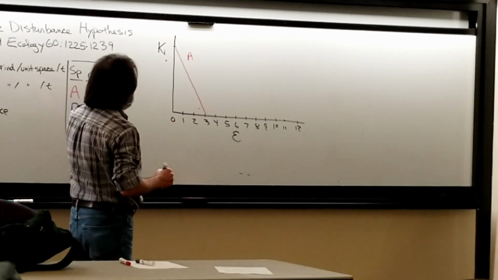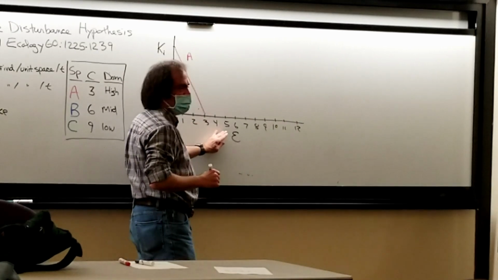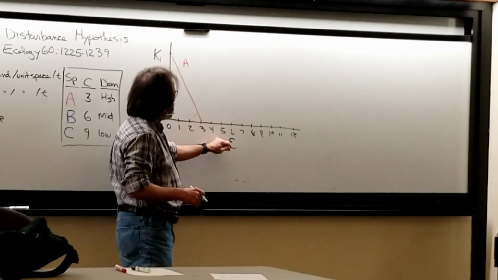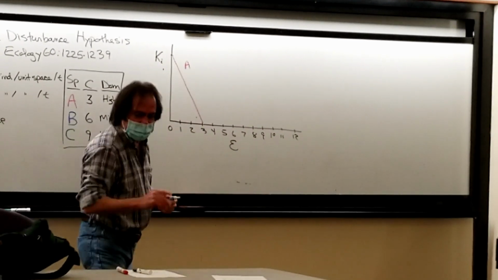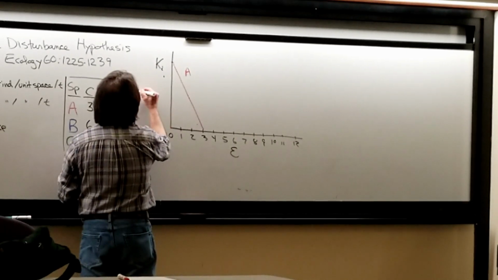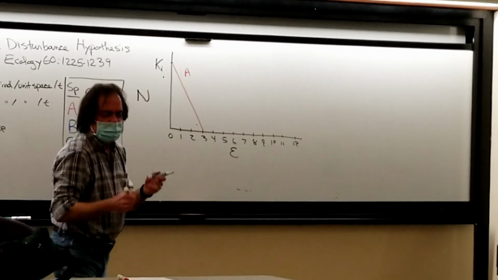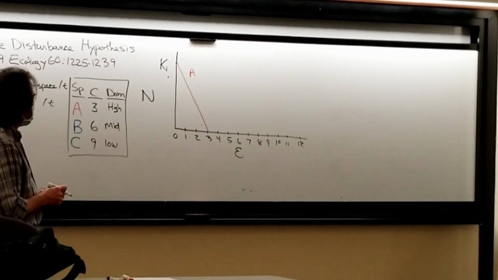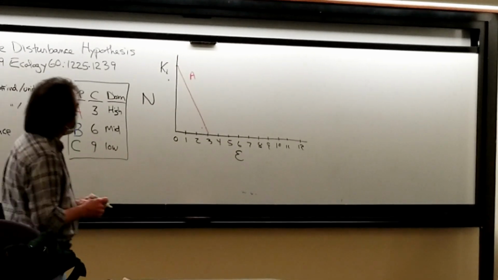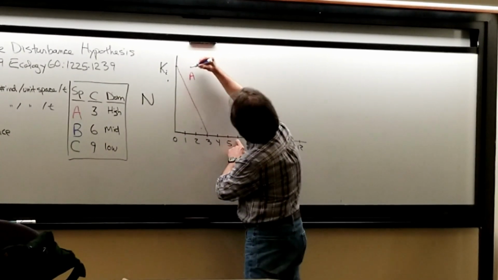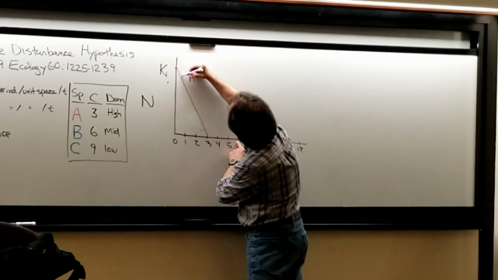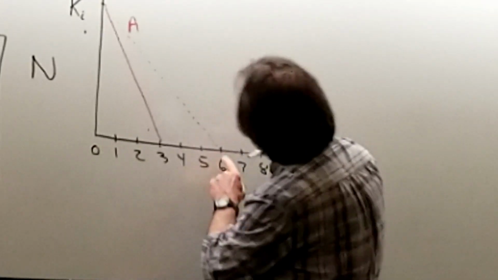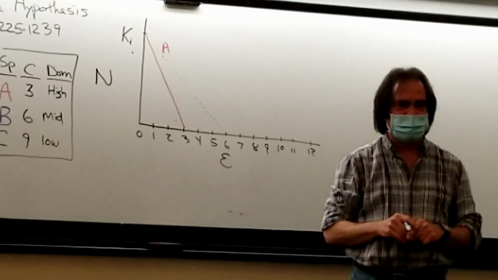And in areas with greater disturbance, or in the same place if disturbance increases, what would the relationship be with population density? Is there a disturbance level beyond which B can't exist? Yes, and it's 6. Now here's where I'm gonna draw a reference line, so be careful there. That's what B would do in the absence of competition.